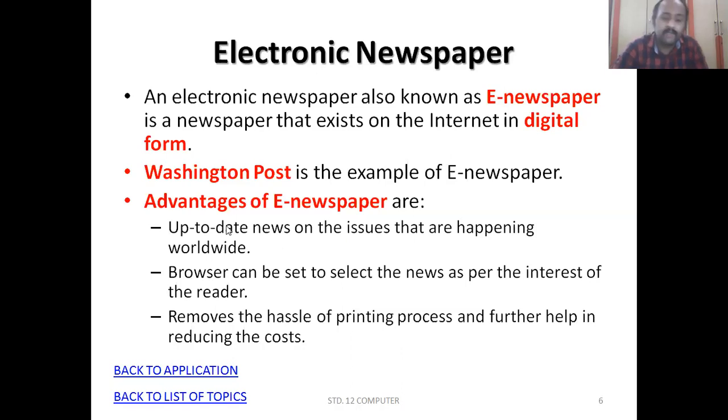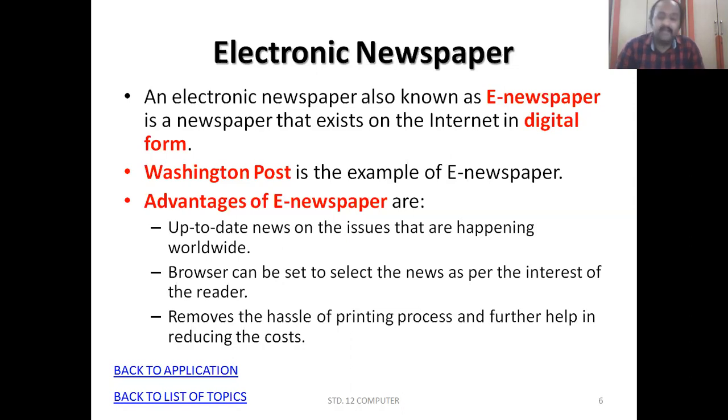Second point, browser can be set to select the news as per the interest of the reader. See, many of us may not prefer to read the entire newspaper. We just want to read the news related to a particular topic, like news related to sports. Some of us like news related to entertainment.